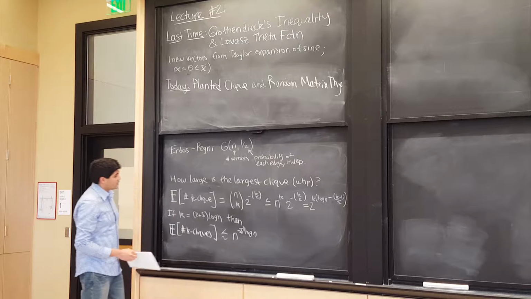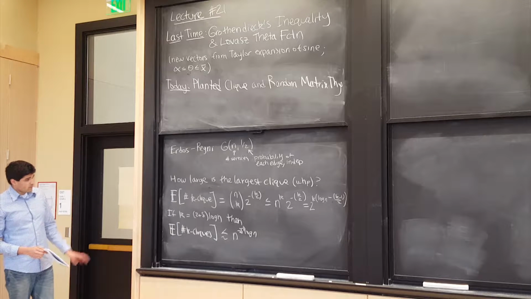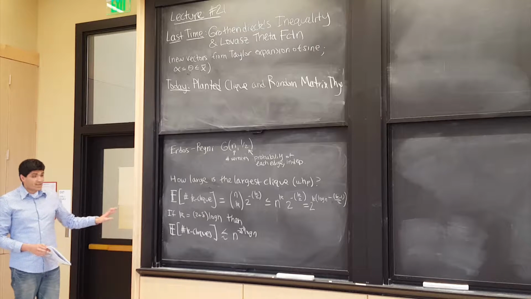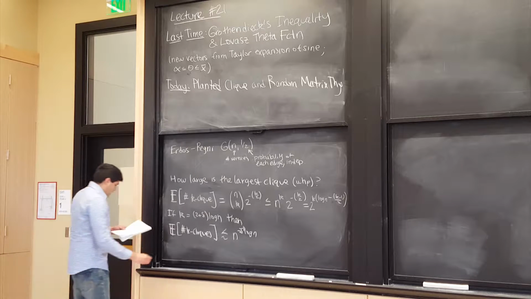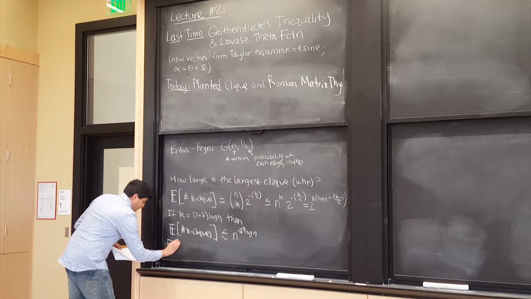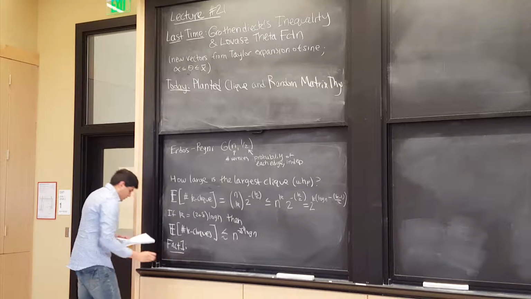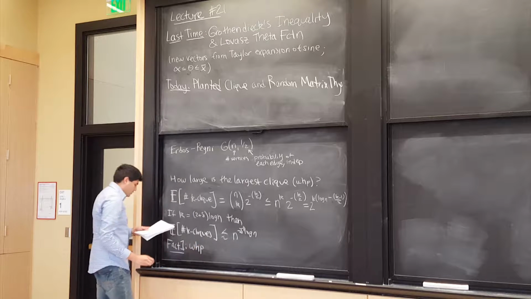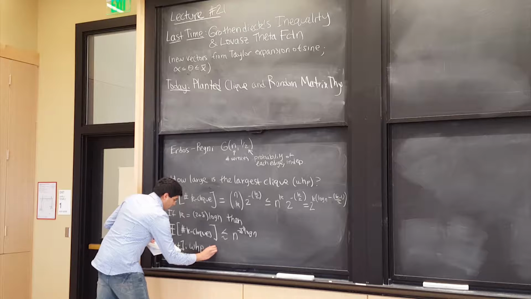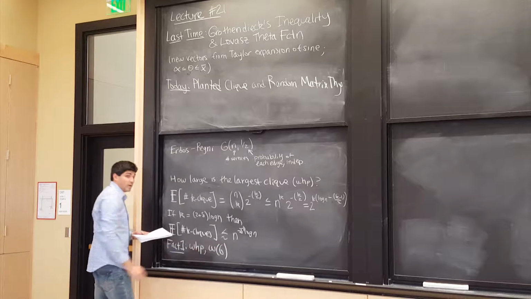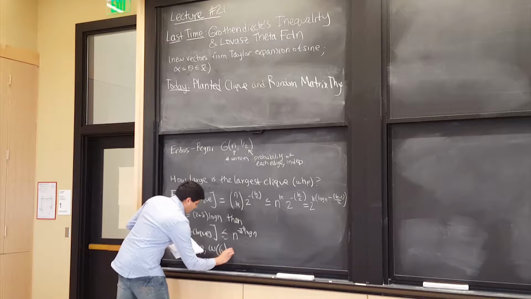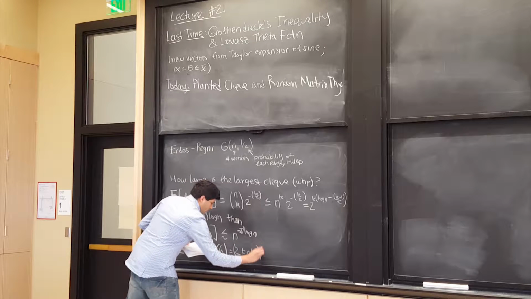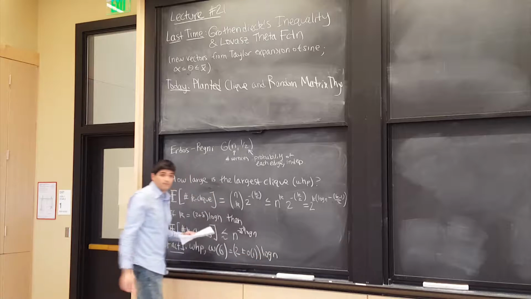So you might be worried that this naive union bound might be really not tight, but it's not hard to see, and I'll just assert it as a fact. This will be an important fact in our discussion. It's just that in the Erdos-Rényi random graph model, with high probability, the largest clique, which I'll denote by omega of G, is 2 plus or minus little o of 1 times log base 2 of n.